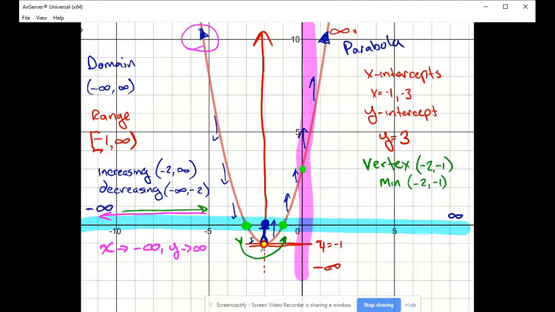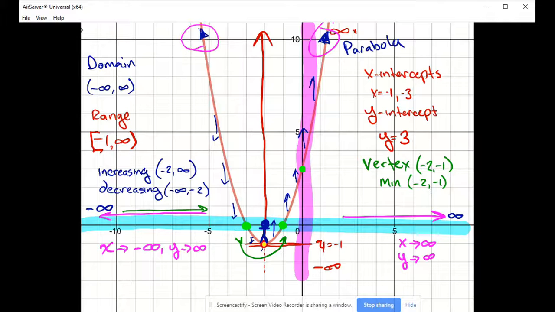And then as x goes to infinity over here on the right side, we're pointing up again. So y is also going to infinity. So for parabolas, along with absolute value functions, your end behaviors are always going to be the same. They're either both going to be going up towards infinity, or they're both going to be going down towards negative infinity.